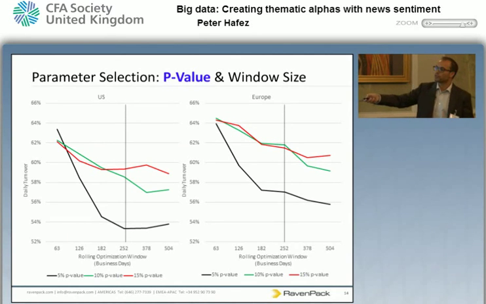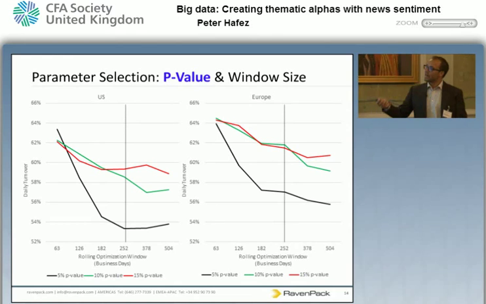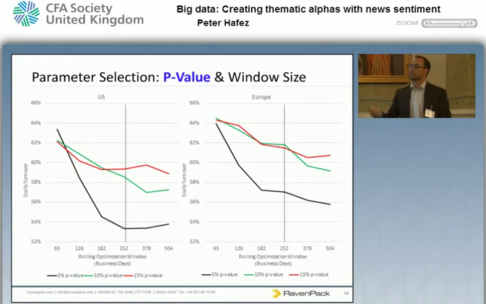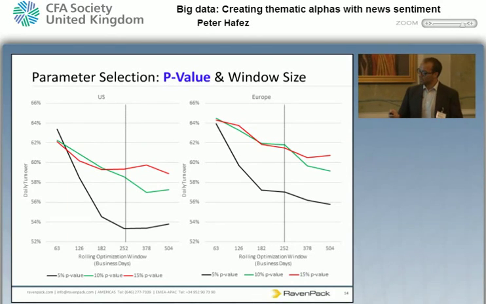Here we do it based on turnover. We actually see benefits in applying stronger statistical significance, as it helps to reduce the turnover of our strategies. And that's quite robust across, as I mentioned. So we end up selecting a 1 year look-back window and a strong confidence level. We want to be confident at a 5% level, which is quite nice as well.